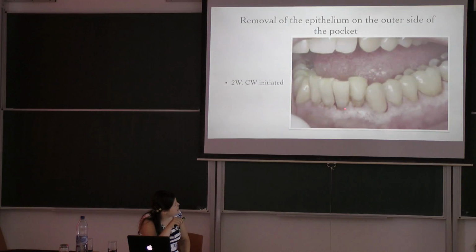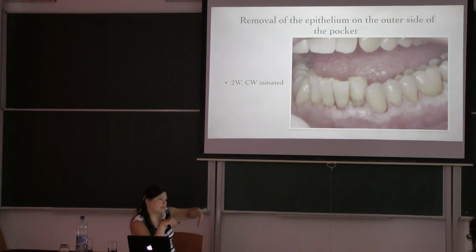Why do we do this? Because we want to stop the biology. If you remove epithelium from the inside of the pocket, then epithelium from the outside grows very quickly in order to help heal it.